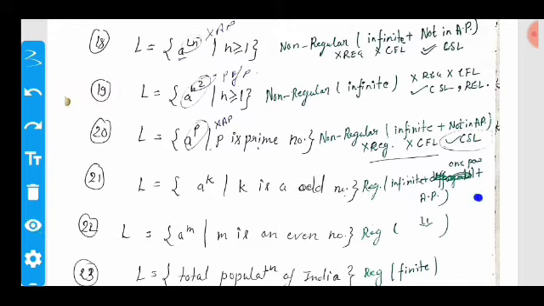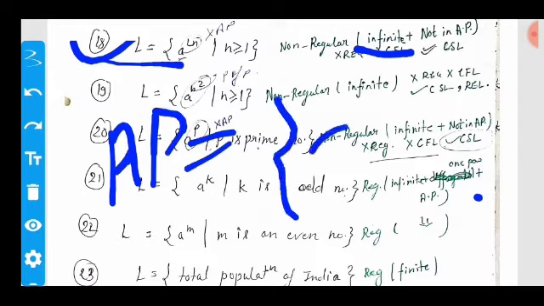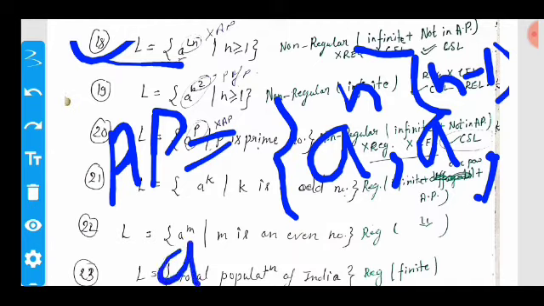In question number 18, L equal to a to the power of n factorial, such that n is greater than or equal to 1. This language is infinite and it does not follow an AP, meaning arithmetic progression, because after expanding this language we get a to the power of n, a to the power of n minus 1, a to the power of n minus 2 and so on.